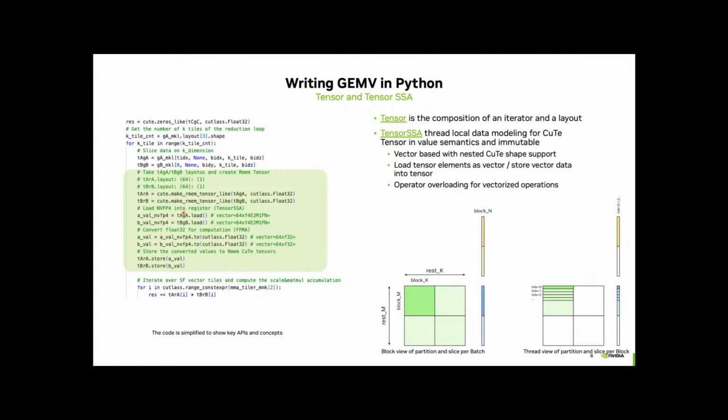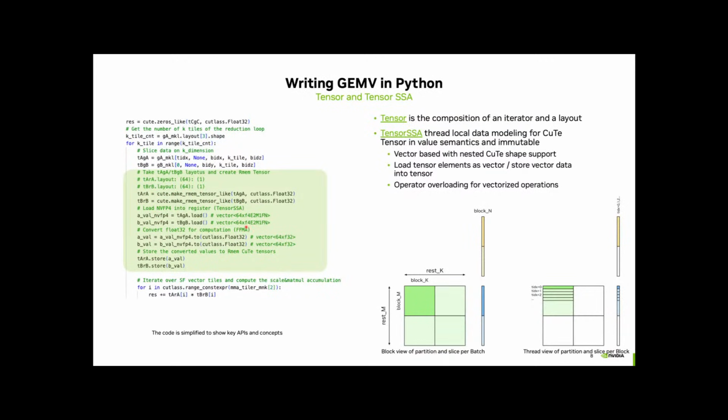So when we do some global element-wise operations, we can load this tensor we create here. After we slice, we already get a global tensor, and based on this global tensor shape we build a register tensor. We can load the global tensor into a tensor SSA representation, which is actually a vector operation underneath.